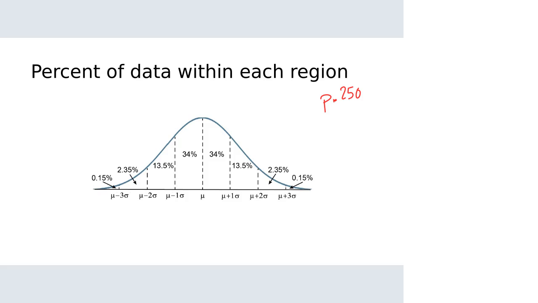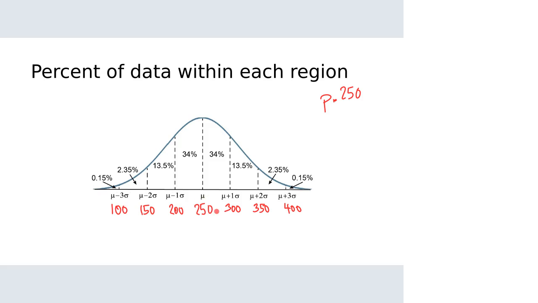And in fact, I'm going to go ahead and just use this picture. 250 was our mean. 50 was our standard deviation. And so that'd be 200, 150, and 100. Before we start answering any questions, I want to make sure we're all comfortable with those numbers and where they came from.